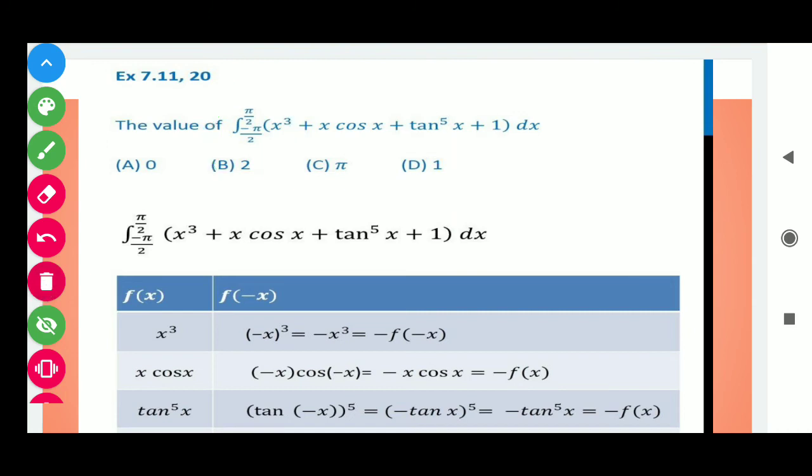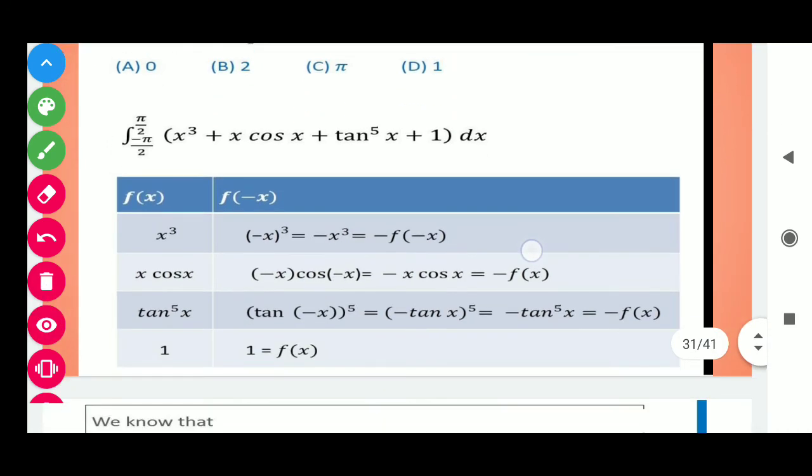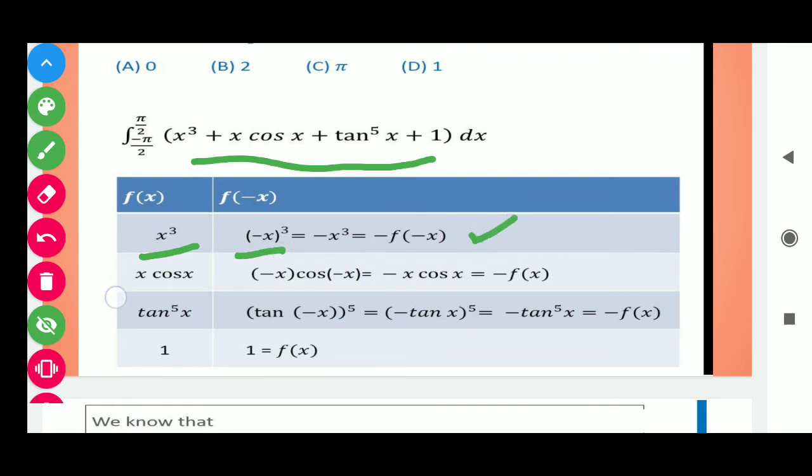So students, here we have 4 terms in the integrand. Step by step we check each and every term whether it is even or odd. So let's start with x cube. If we replace x with minus x, then we get negative resultant. And in x cos x, if we convert x to minus x, we get again negative resultant. You can see.